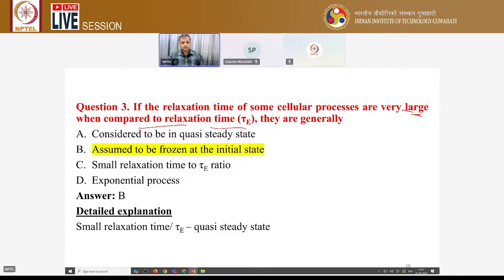Typically, if the ratio of the small relaxation time to tau E is small, then we say it is a kind of quasi-steady state. But if for some cellular process the relaxation time is very large, then we can ignore it and assume they are frozen at the initial state, because even after certain changes, because of the large relaxation time, they will still be in the same state.